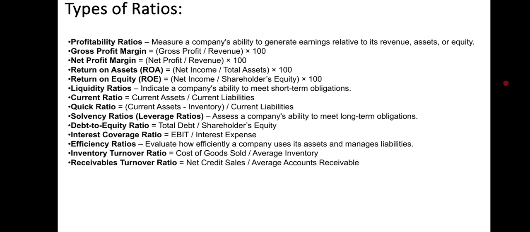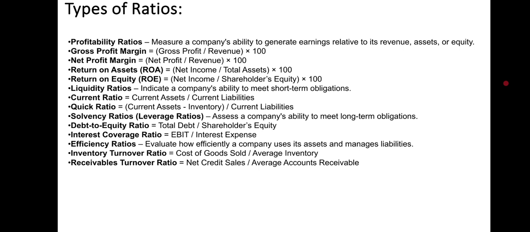After that, when you want to calculate the return on asset, you divide the net income by total asset and multiply by 100. For return on equity, net income is divided by shareholder equity and multiplied by 100. Liquidity ratios indicate a company's ability to meet short term obligations.